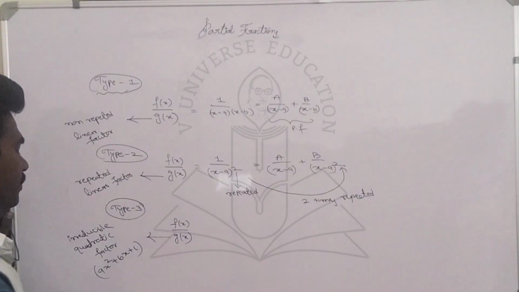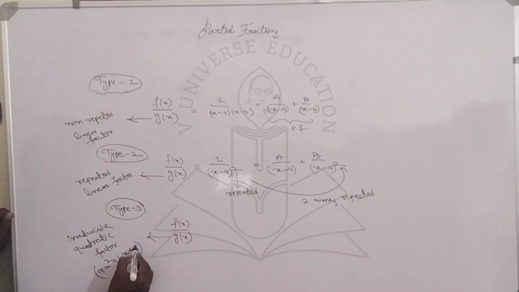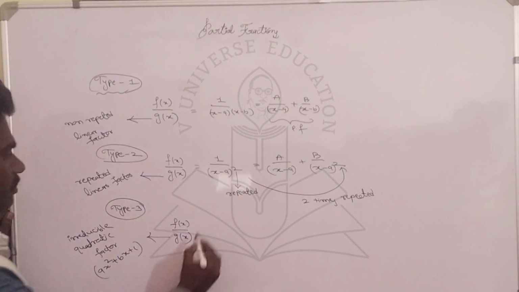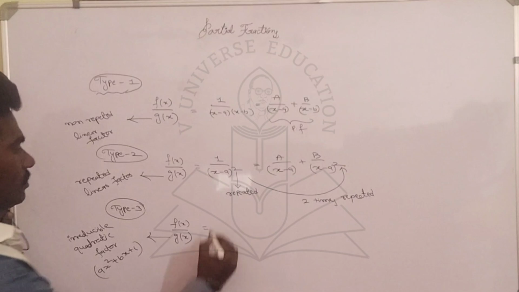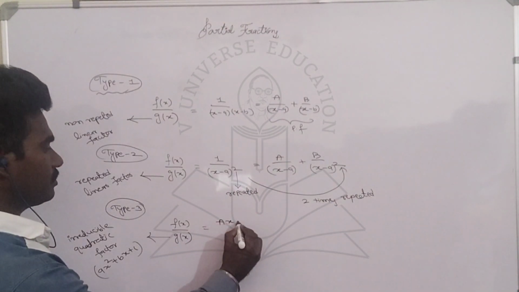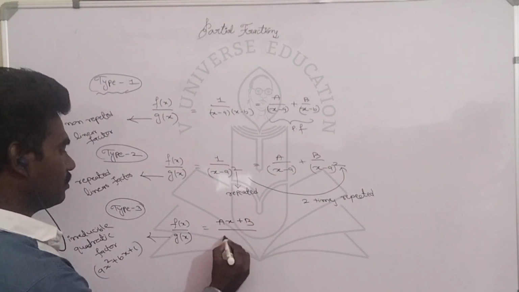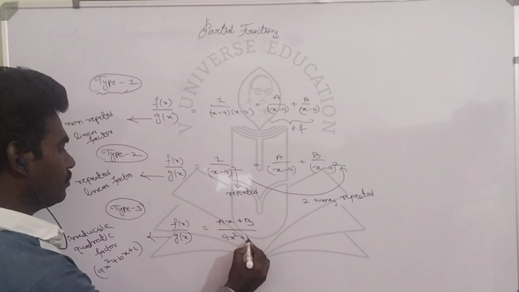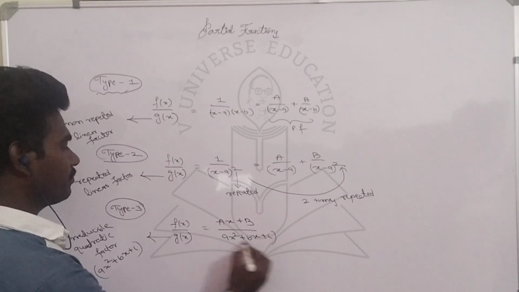If that g of x contains such type of equation, then we can write this one here: ax plus b by (ax square plus bx plus c).